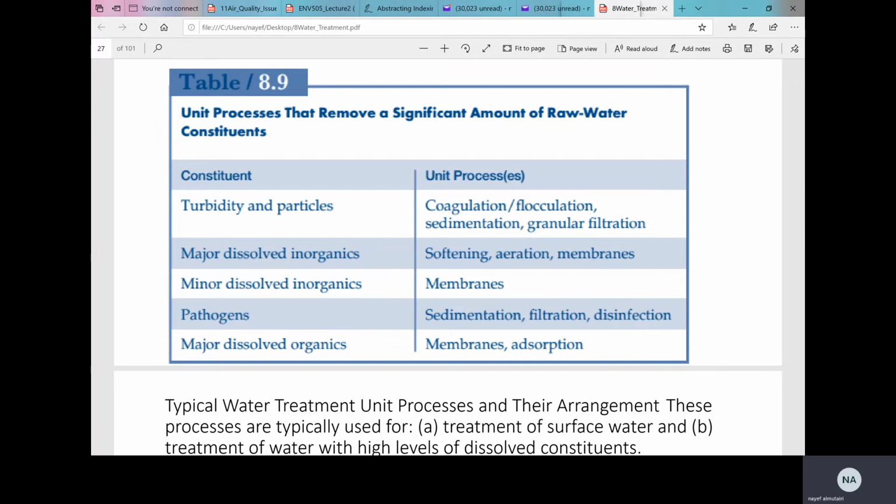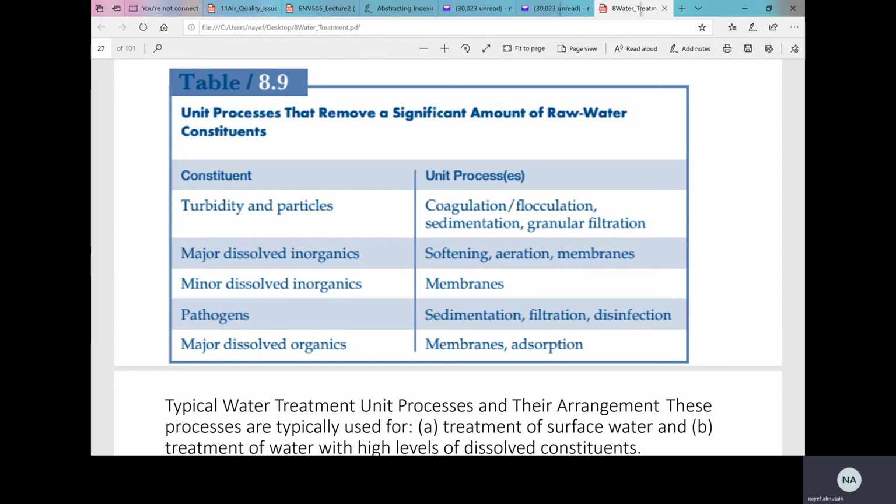So if you have bad water for drinking, we could remove turbidity and particles using coagulation, flocculation, sedimentation, granular filtration. You could remove major dissolved inorganics by softening, aeration, membranes. You could remove minor dissolved inorganics by membrane. You could remove pathogens using sedimentation, filtration, and disinfection. Major dissolved organics, membrane and adsorption.